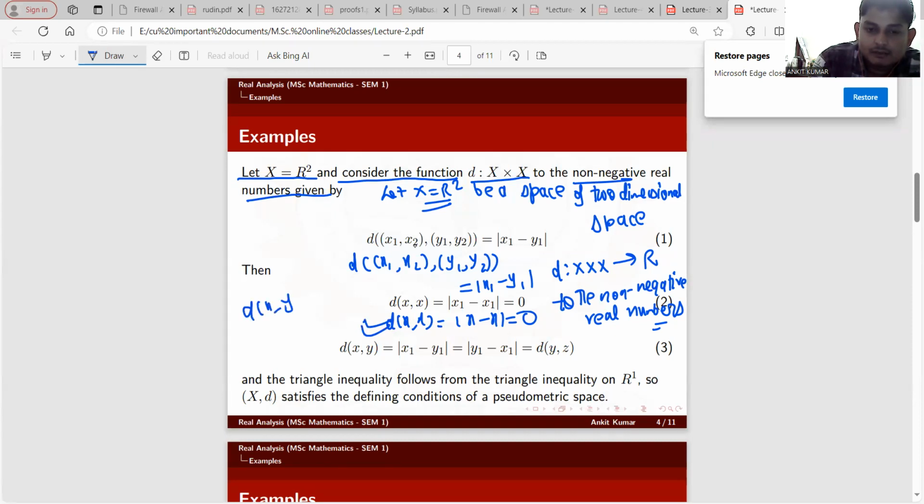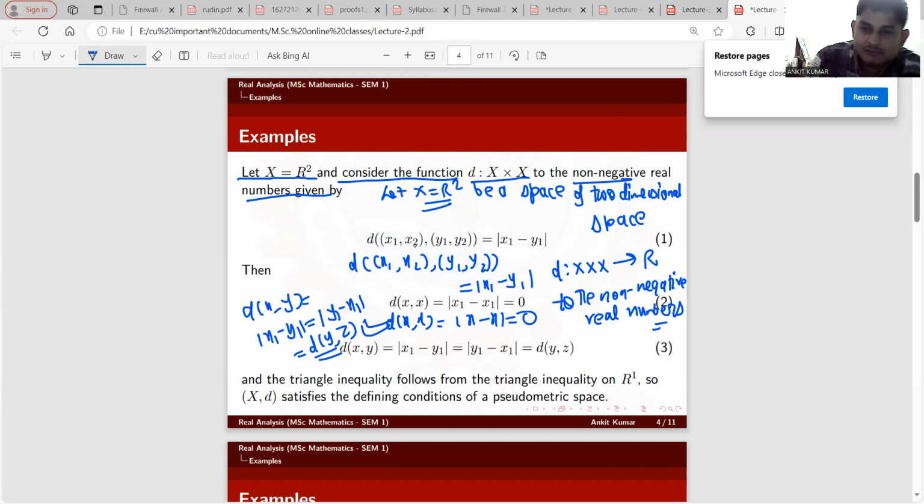d of x comma y is equal to mod of x1 minus y1. If we take the common factor as negative, this is y1 minus x1, which is equal to d of y comma x.